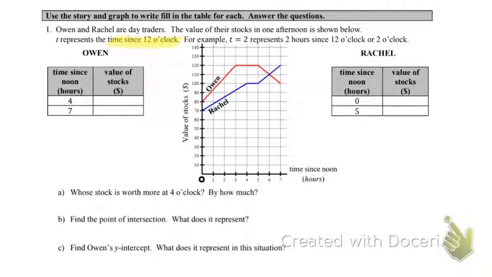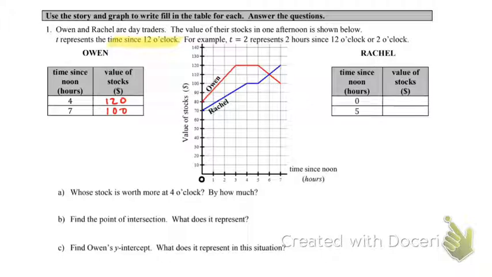We'll put his in red. At 7 hours after noon, the value of Owen's stock is 100, so it has dropped. This is just practicing reading a graph.